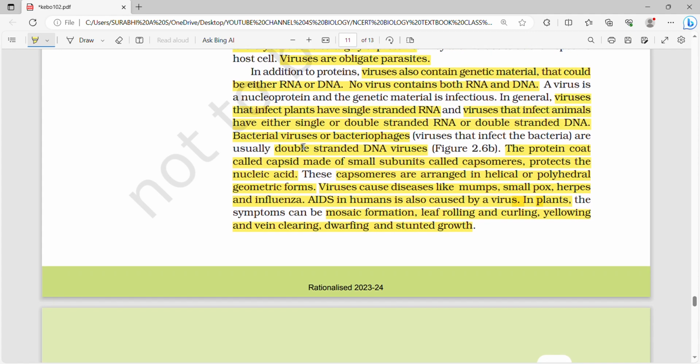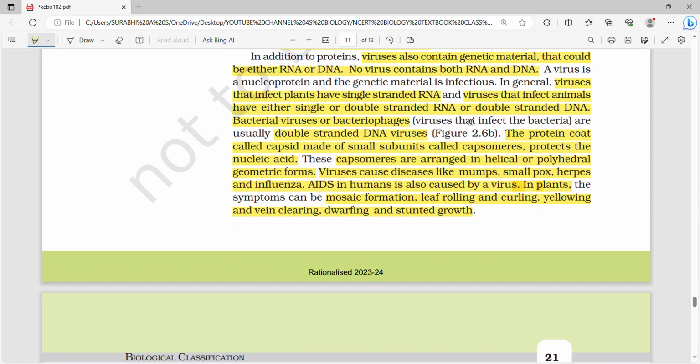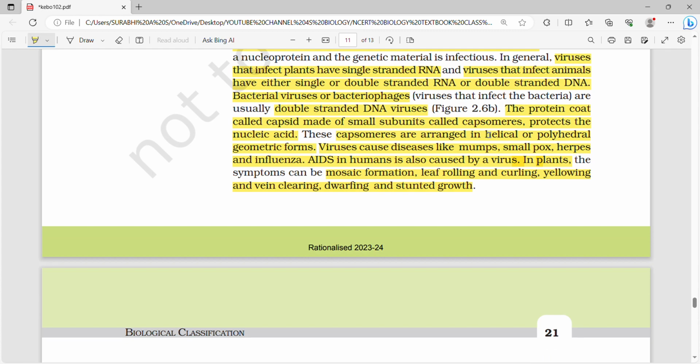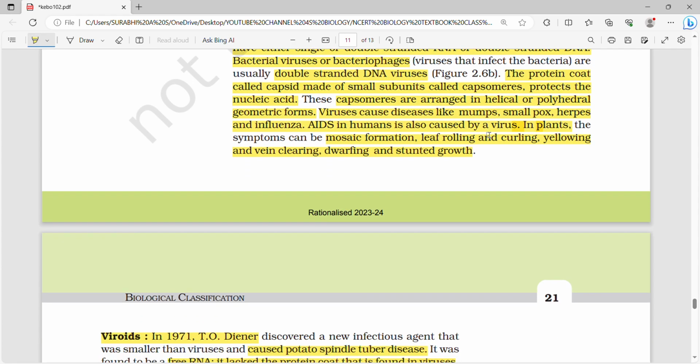So plant infecting viruses have a single-stranded RNA, and those which infect animals have either single-stranded or double-stranded RNA or double-stranded DNA. Bacterial viruses or bacteriophages have double-stranded DNA. The protein coat called capsid, made of small subunits called capsomeres, protects the nucleic acid.